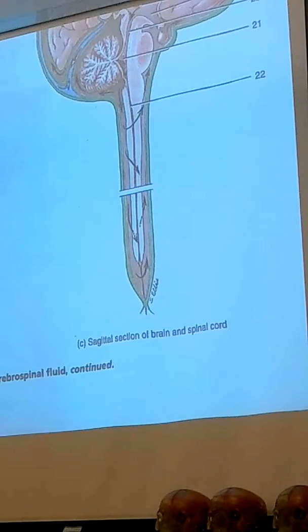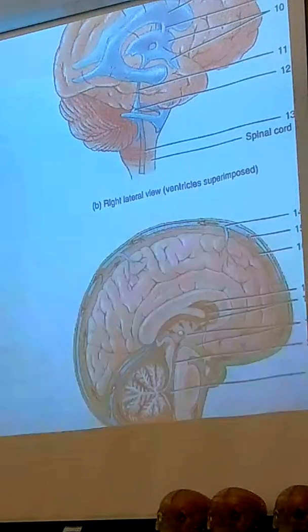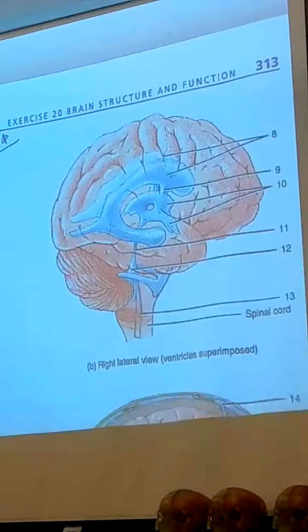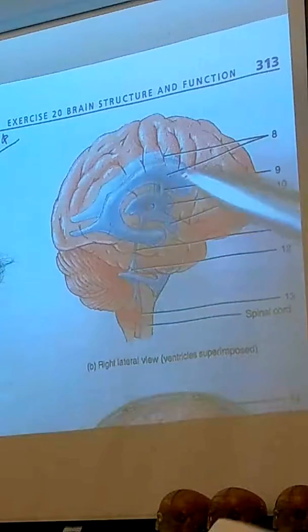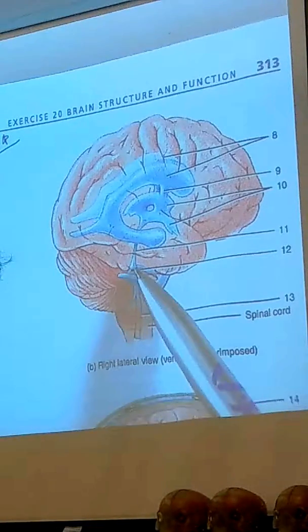Then you will have these ventricles. Remember we went over the ventricles, where the cerebrospinal fluid circulates. These are the lateral ventricles, third ventricle, fourth ventricle.